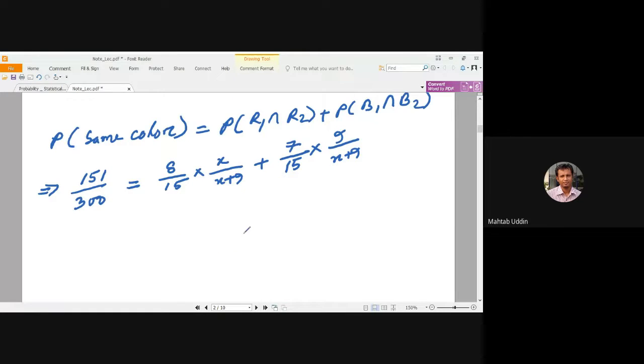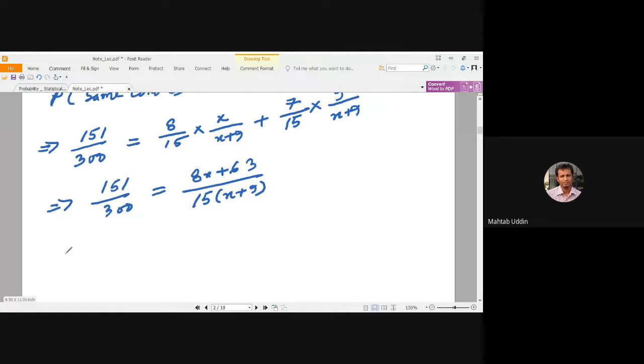You can write 151 by 300 is equal to 8x plus 63 by 15 into x plus 9. You can divide by 15, we'll get 151 by 20 into x plus 9 is equal to 8x plus 63.